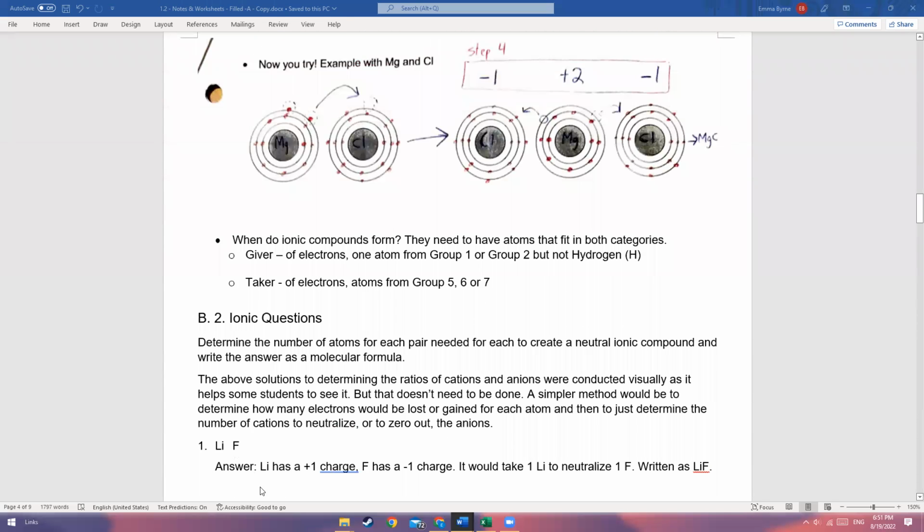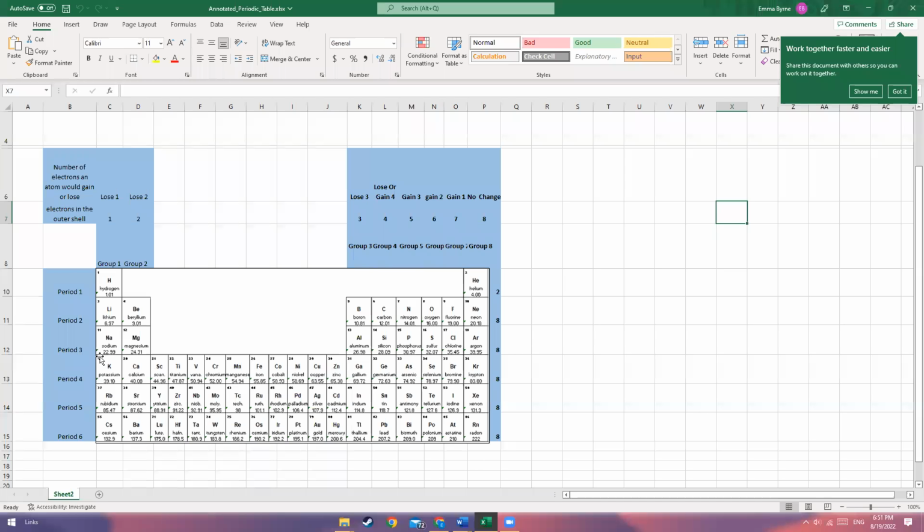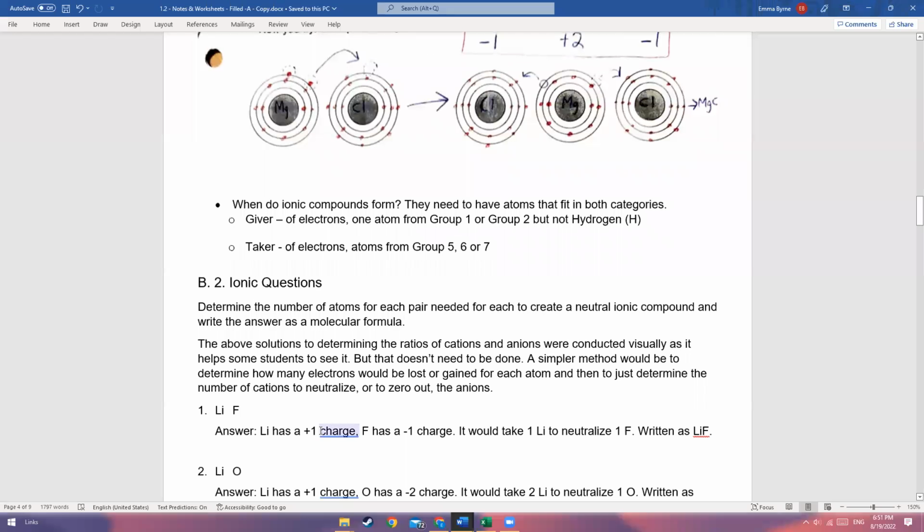So if we start out with lithium and fluorine, lithium falls into group 1. So it essentially needs to get rid of one valence electron, right? And if it's getting rid of an electron, it is becoming less negative.